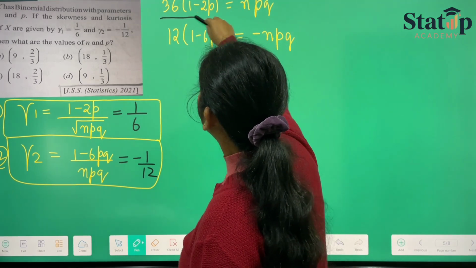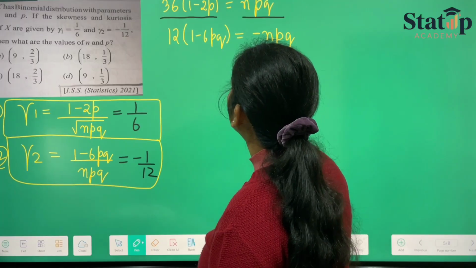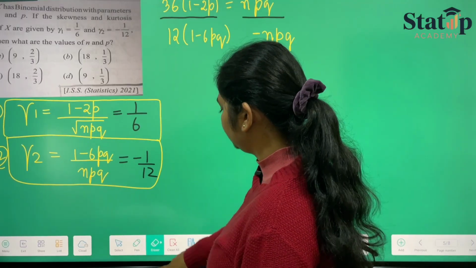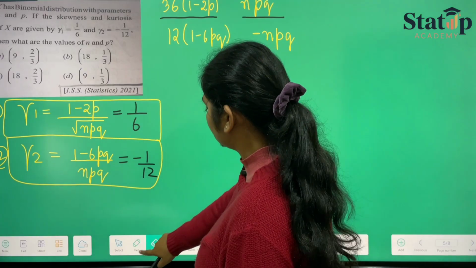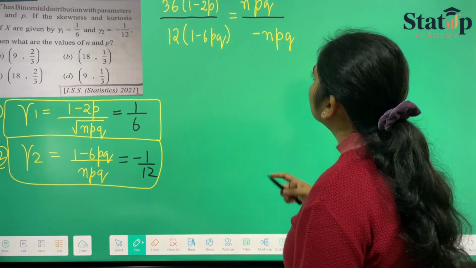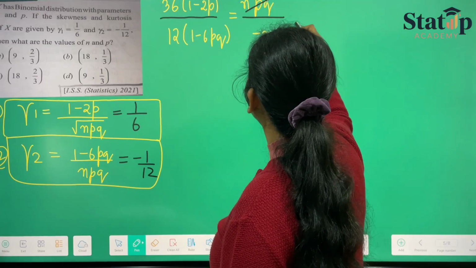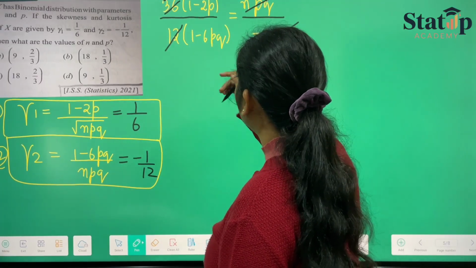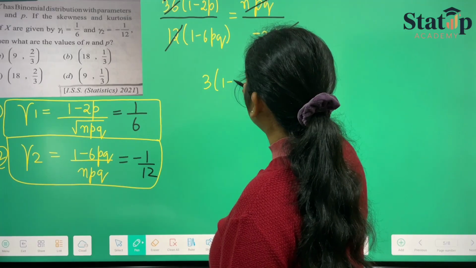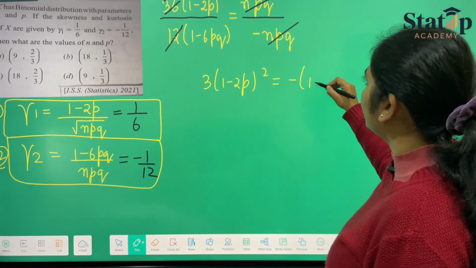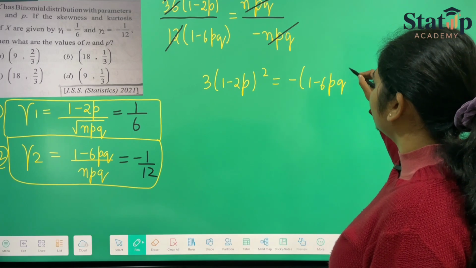And if we divide both these equations, then npq and npq will get cancelled. 12 threes will be 36. So we will be getting 3 into 1 minus 2p whole square is equals to minus 1 minus 6pq.